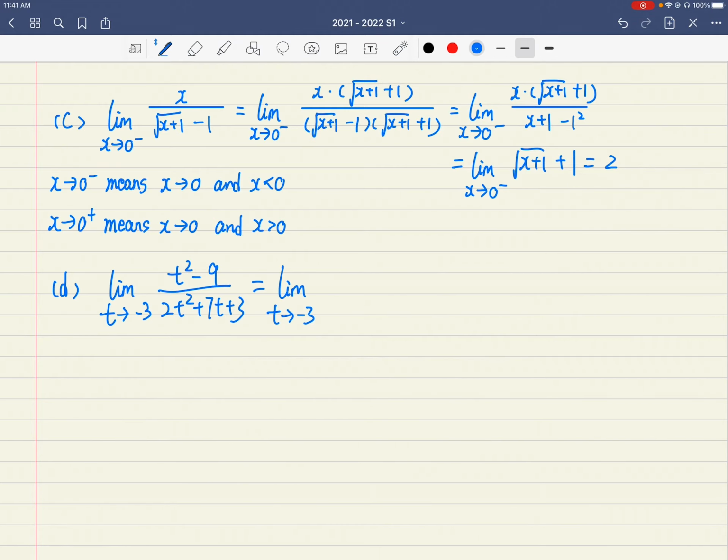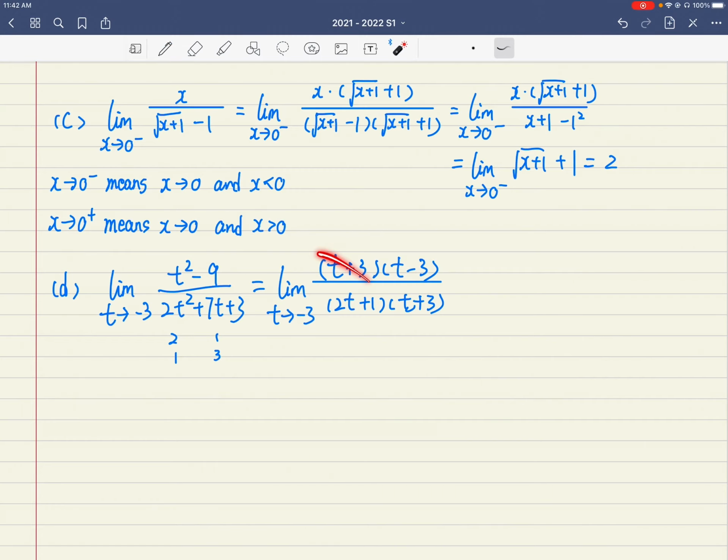And how to find this common factor? The top, t squared minus 9, is t plus 3 times t minus 3. And the bottom, a quadratic function, you just need to factorize it. So it's 2, 1, 3, 1. So it's 2t plus 1 times t plus 3.